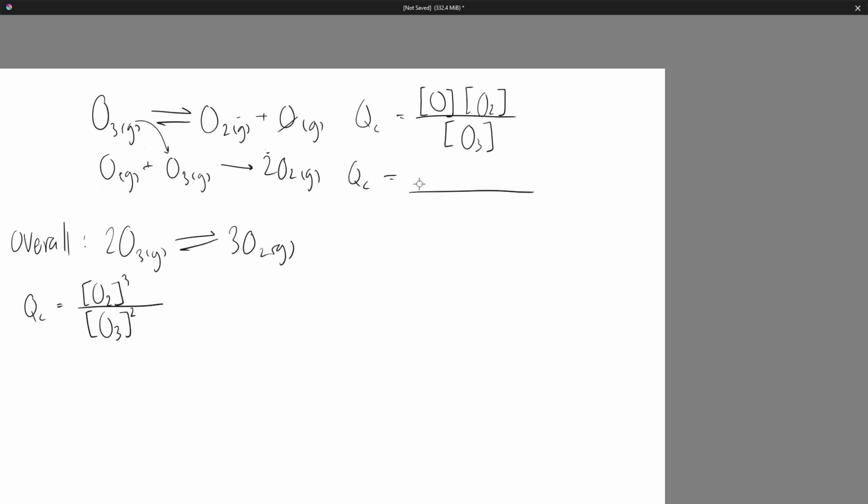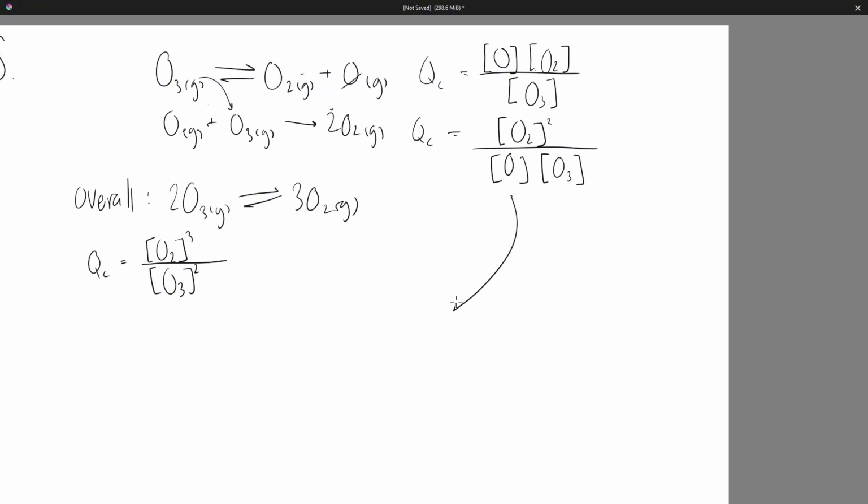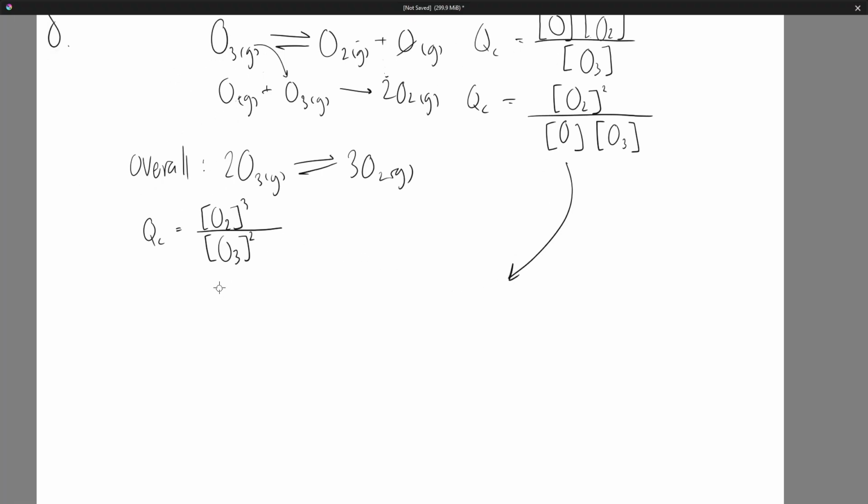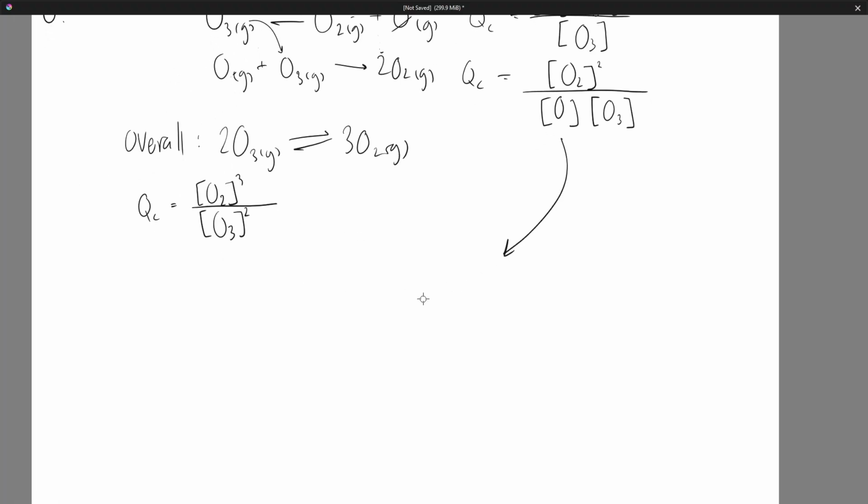Same here, products over reactants. So let's bring those down.